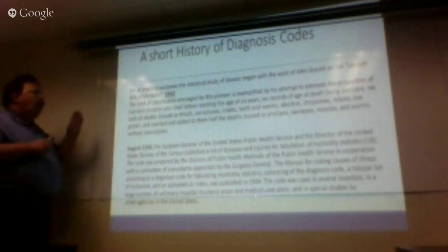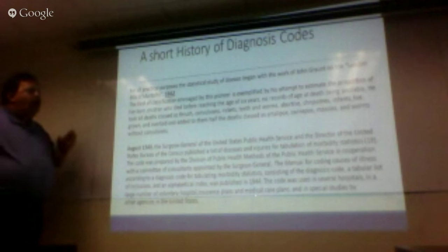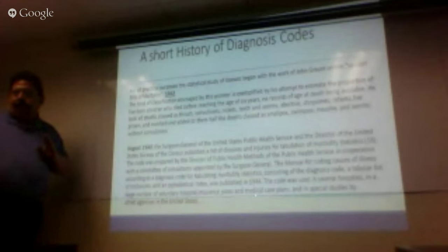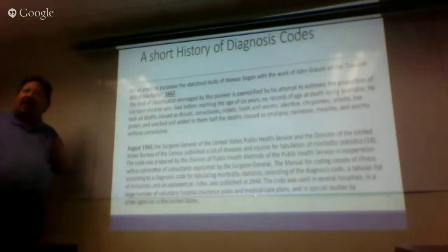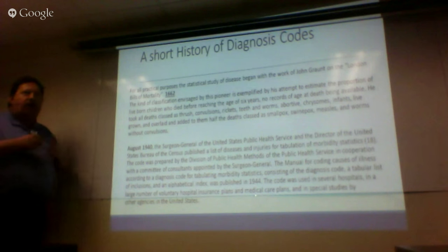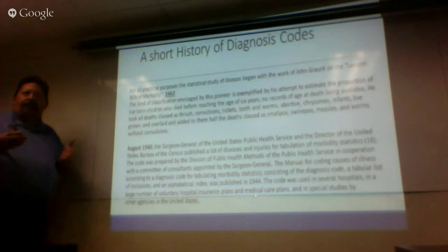This was really the initial beginning for all codes, describing how people died. It wasn't about health. It was all about mortality and morbidity, why people got sick and how people died. People died all over the globe, but how could we describe how they passed away?